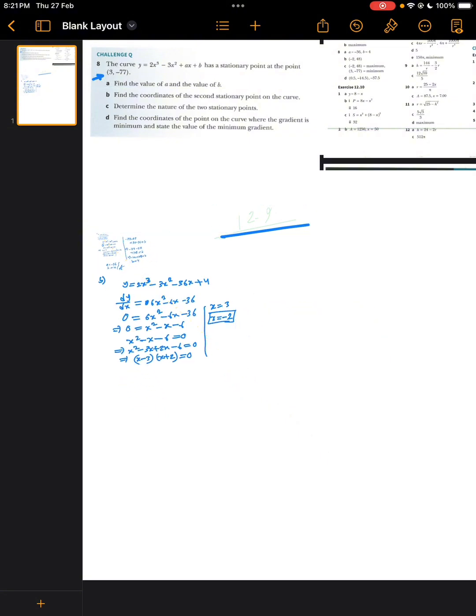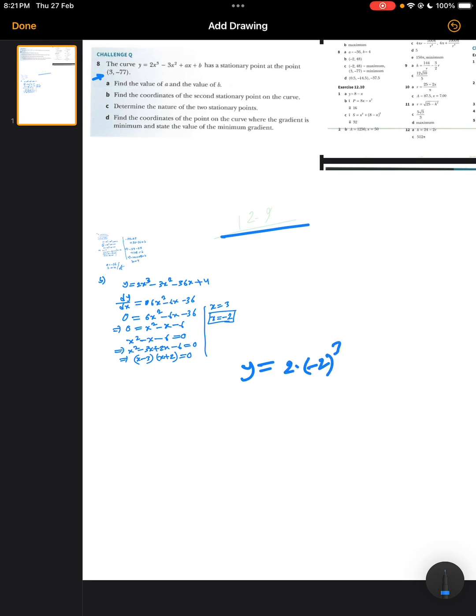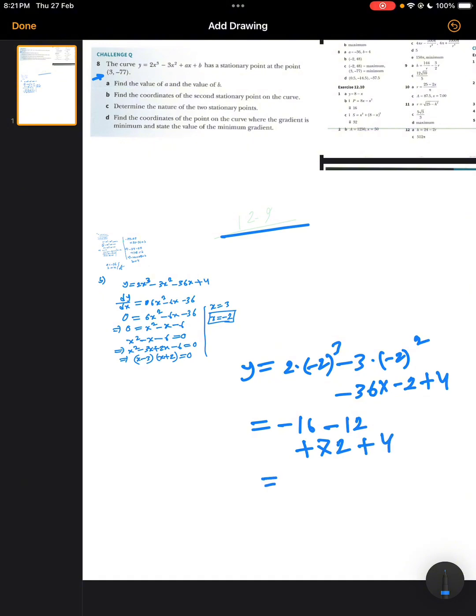If x equals -2, then y should be 2 times (-2)³ minus 3 times (-2)² minus 36 times -2 plus 4. So -16 minus 12 plus 72 plus 4. So -28 here and plus 76 here.